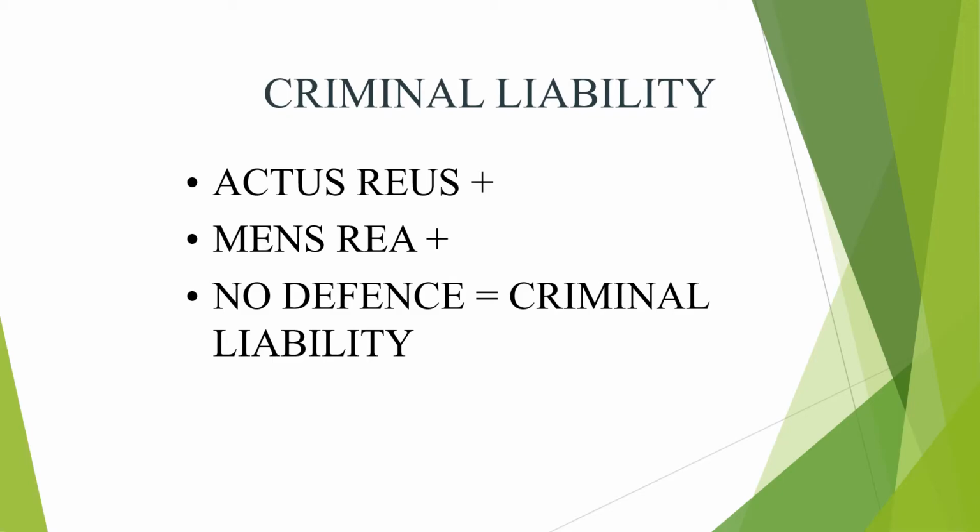For theft, it's the dishonest appropriation of property belonging to another, so it's different for each different criminal offence. The mens rea is the mental element required. So the mens rea for murder is the intention to kill. So while you're unlawfully killing somebody, you have to have that intention.